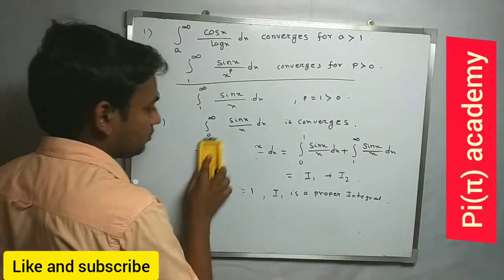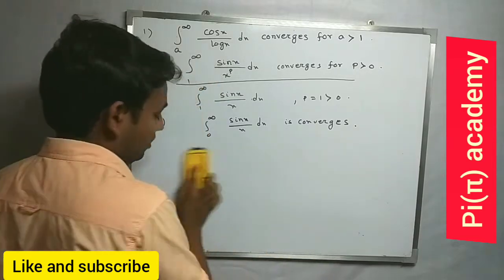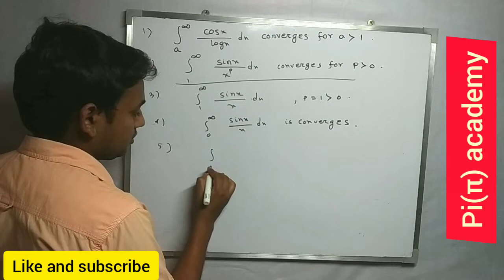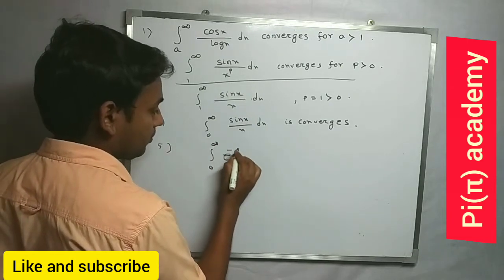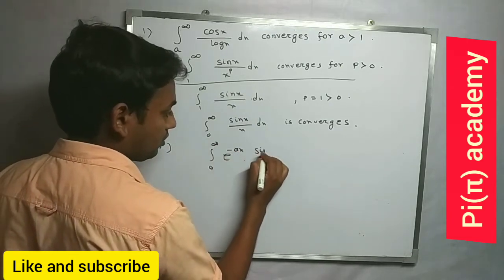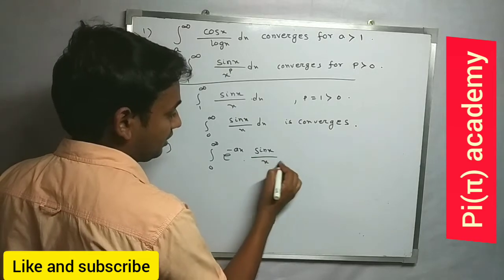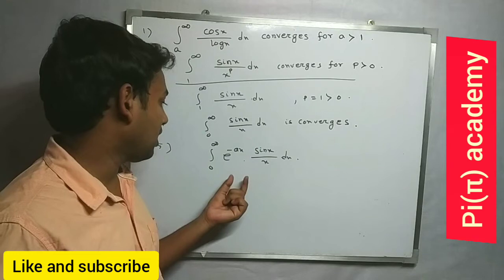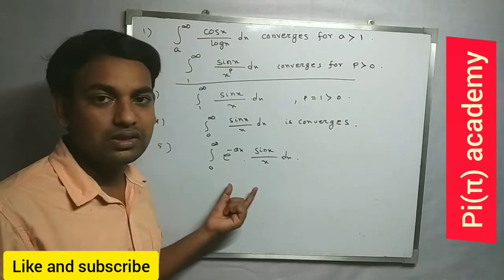Now I show another example. I consider another example: the integral from 0 to infinity of e to the power minus x into sin x divided by x dx. By the Abel test, I will show that this is convergent.